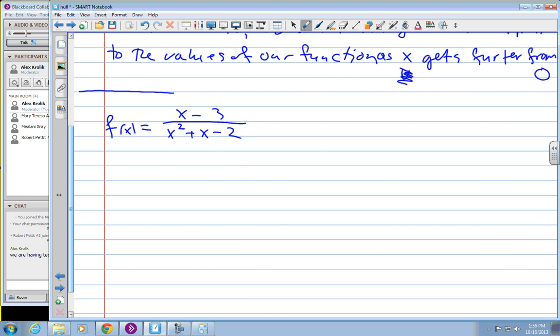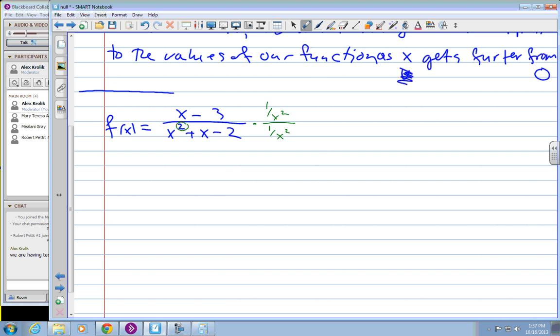What is the degree of your denominator? 2. So if the degree of the denominator is 2, I'll multiply both numerator and denominator by 1 over x squared. Is that a legal move? I'll multiply by 1, so that's legal, right? And I made my 1 correspond to the degree of the denominator. Okay?